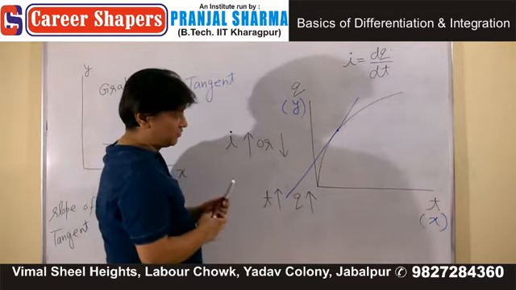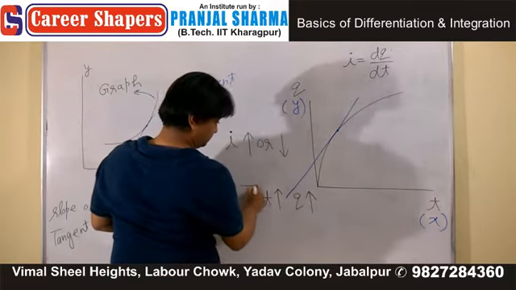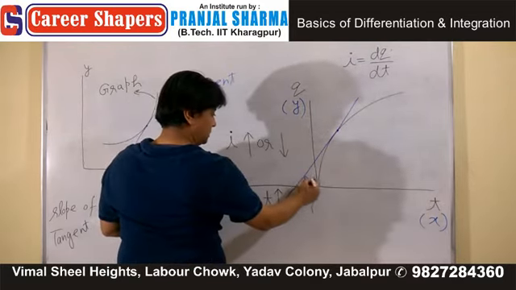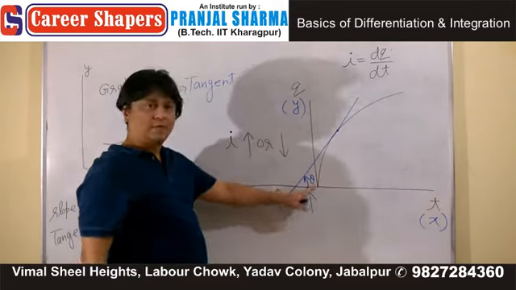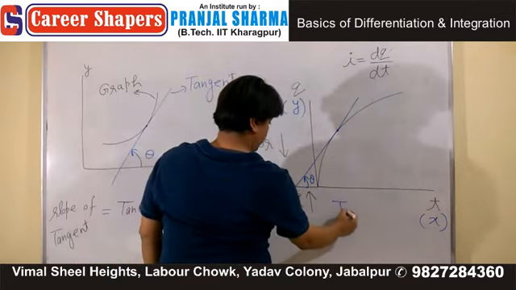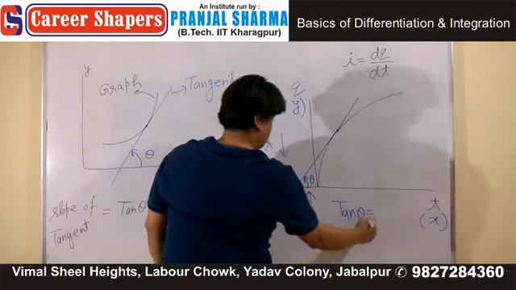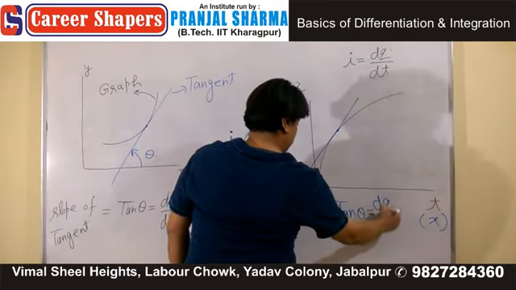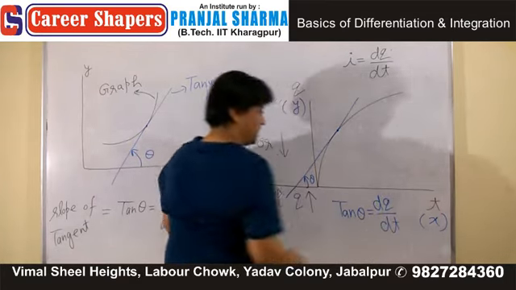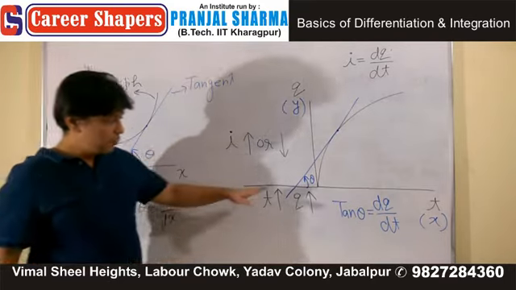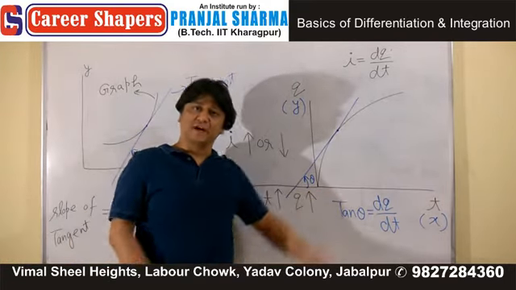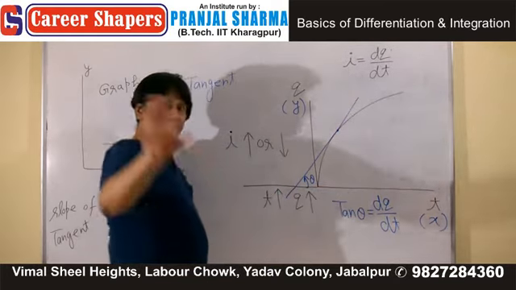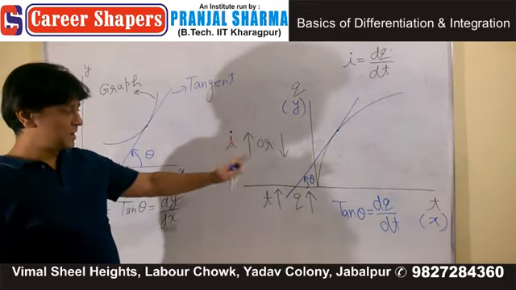Of this tangent, if you find theta, then this tan of theta will give you dq divided by dt. We are taking theta from the positive side, anti-clockwise. We'll write the statement later, but as of now, just look at the graph.